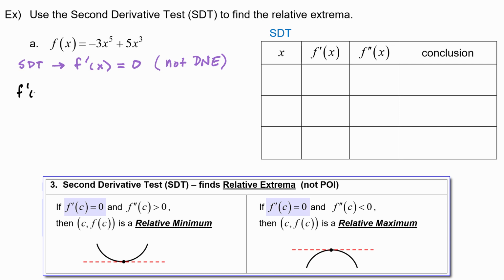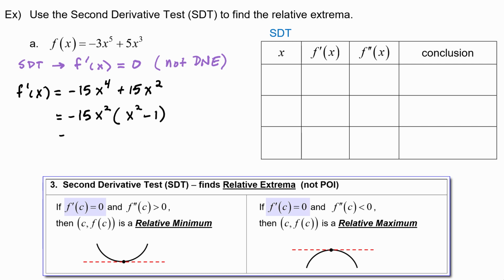So f prime of x is going to equal negative 15 x to the fourth plus 15 x squared. We can factor out a negative 15 x squared, and then what we will have left is x squared minus 1.